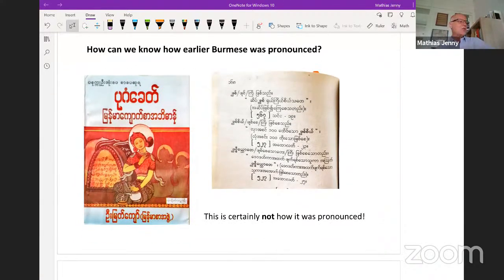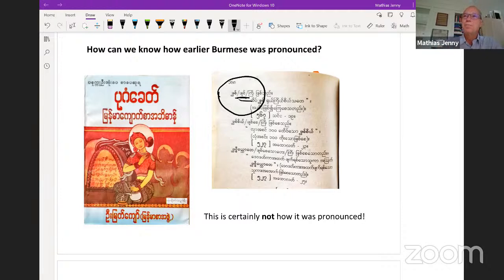Now, a few years ago, there was this great dictionary that was published in Burma, and it lists many words found in the inscriptions, and it also comes with pronunciation, like what is spelled pa, la, and sata.